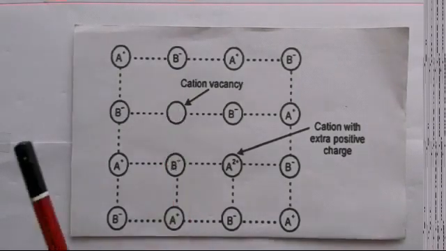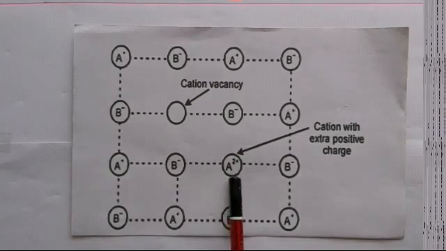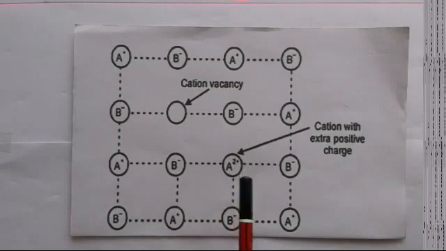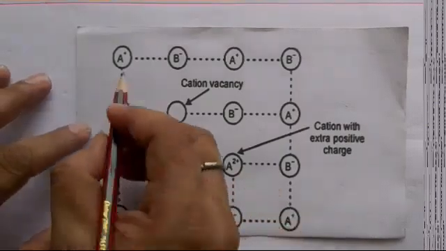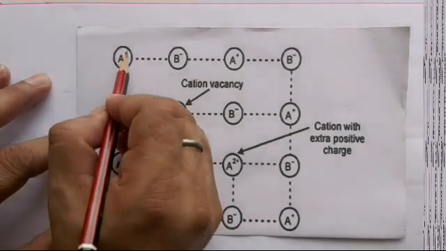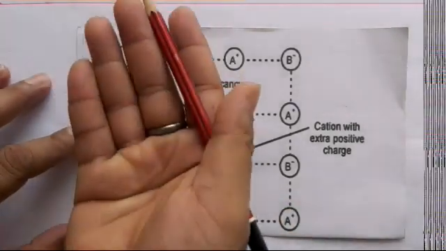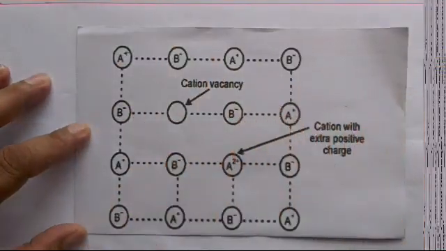For example, here, the extra negative charge may be balanced by some nearby metal ion acquiring two positive charges, or maybe it should have more ionic charge than the other ion. In this case, this is A positive, 1 positive, then it should have A2 positive. If it is A2 positive, then it should have more than 2 positive, that is 3 positive or 4 positive.